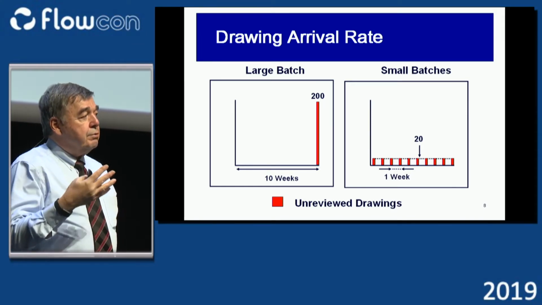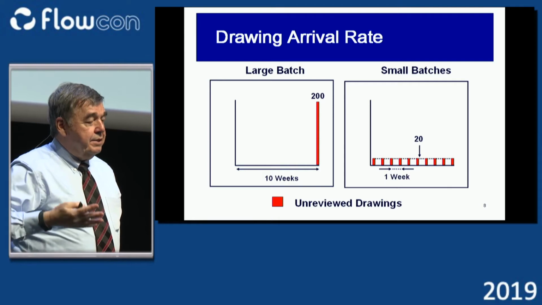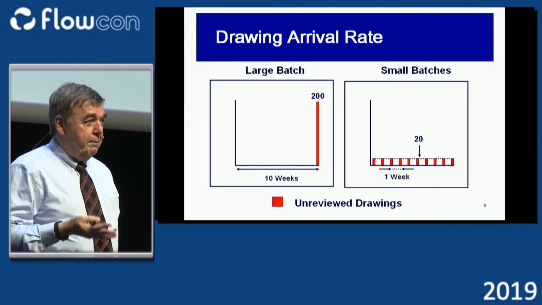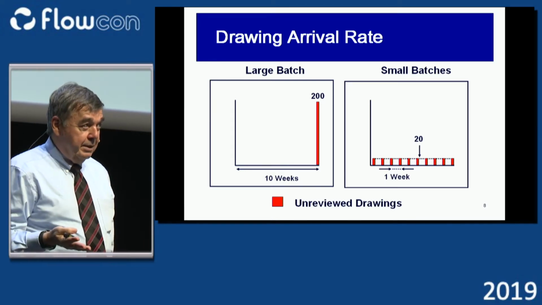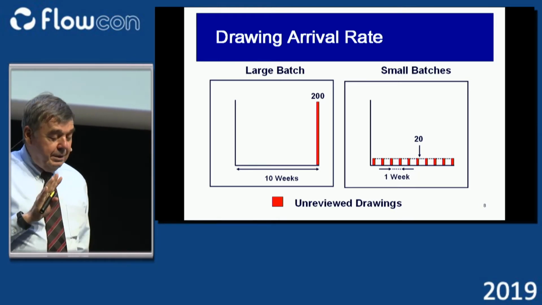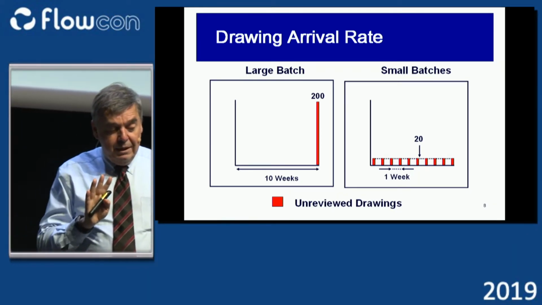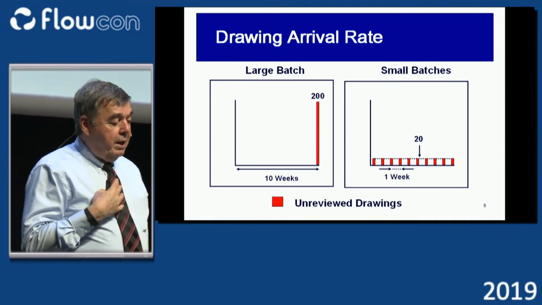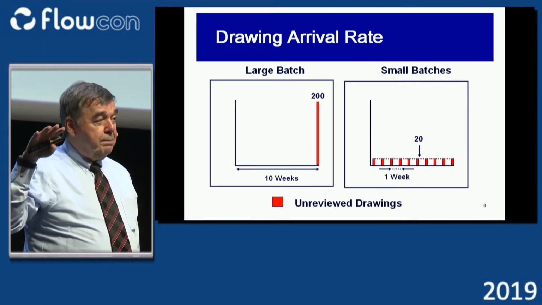That is intrinsic to large batches: you amplify the variability of the flow in a process. And I won't go into things about queuing today, but if you're aware of how steep queuing curves become as you increase loading in a process, amplifying variability aggravates every queuing problem that you have.